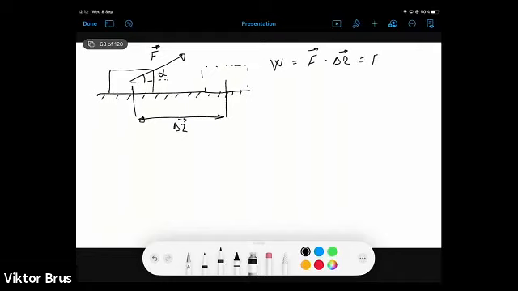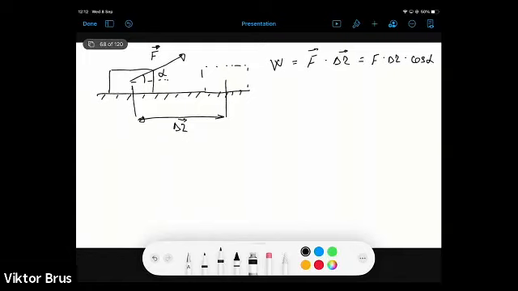It will be equal to the magnitude of F times the magnitude of displacement times cosine alpha. This is the general definition of work.